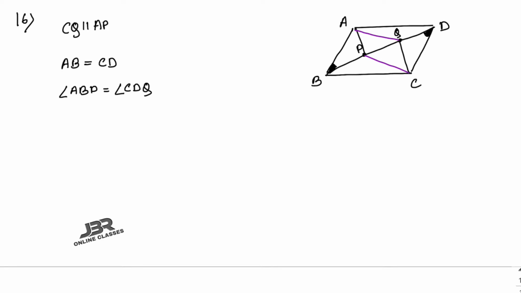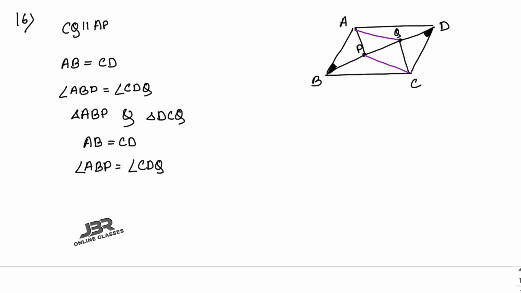Alternate angles. Now in the triangle ABP and the triangle DCQ, or you can write CDQ, in these two triangles AB is equal to CD. Next, angle ABP is equal to angle CDQ.